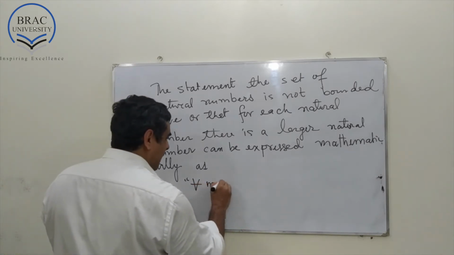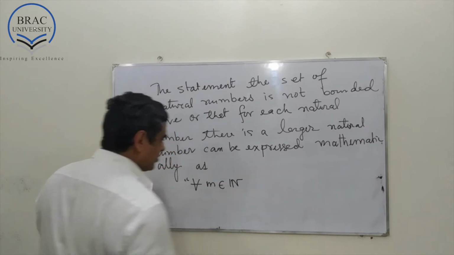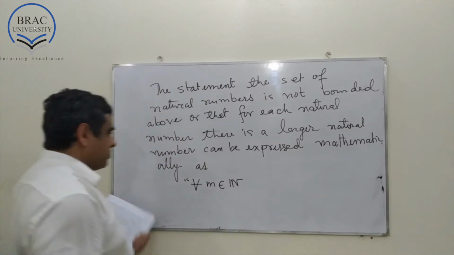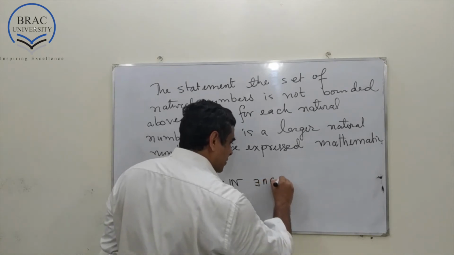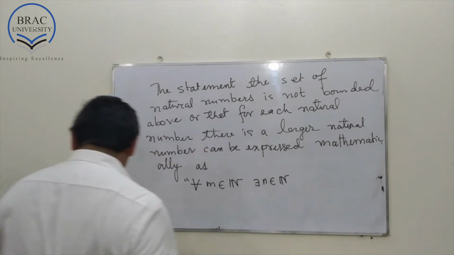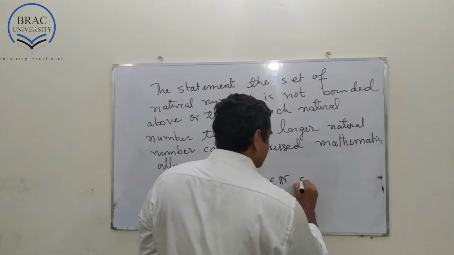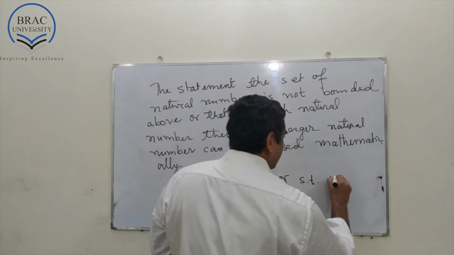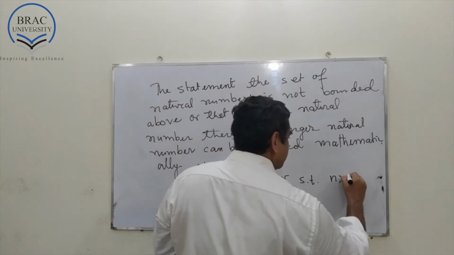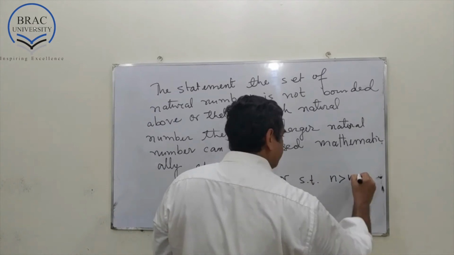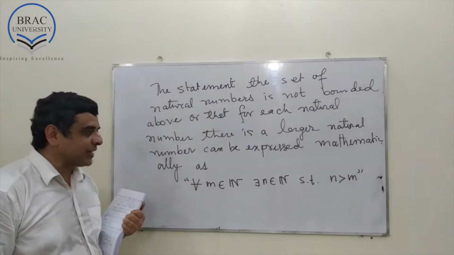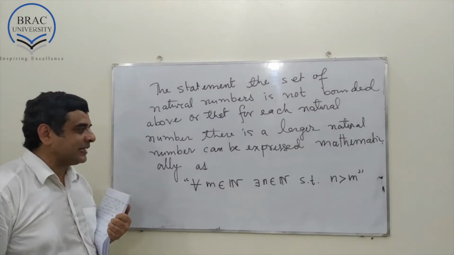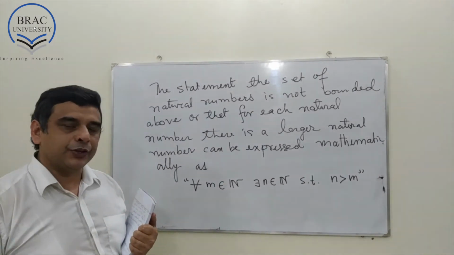For all m in the set of natural numbers, there exists another natural number n such that n is greater than m. This statement implies that the set of natural numbers is not bounded above.